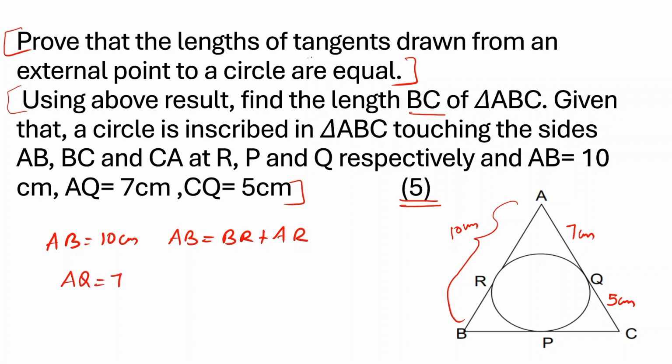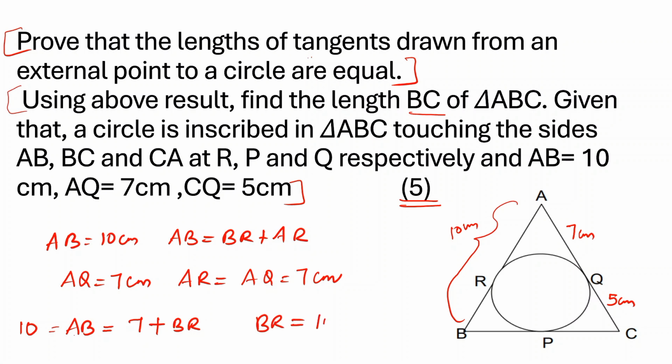So AQ equals 7 centimeter means AR also equals 7 centimeter, right? So AB will be 7 centimeter plus BR, and this AB is 10. So BR equals 10 minus 7, 3 centimeter. BR is 3 centimeter.